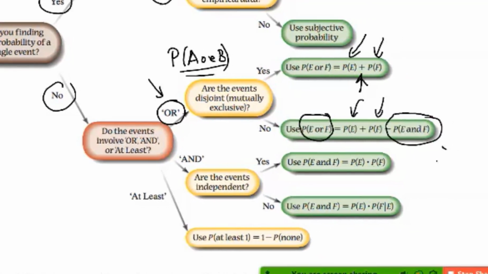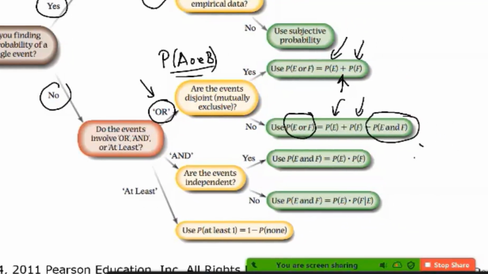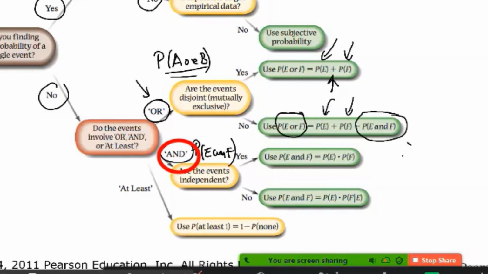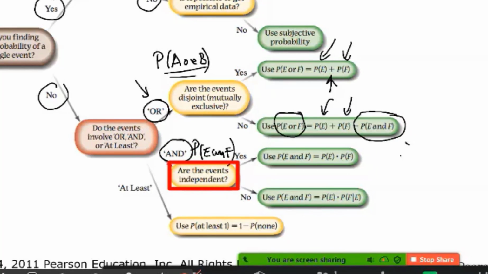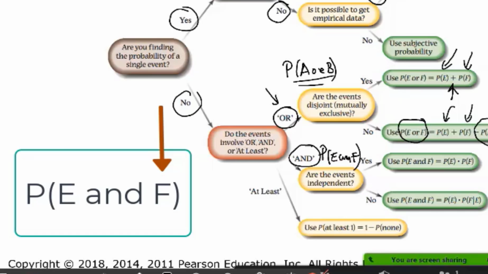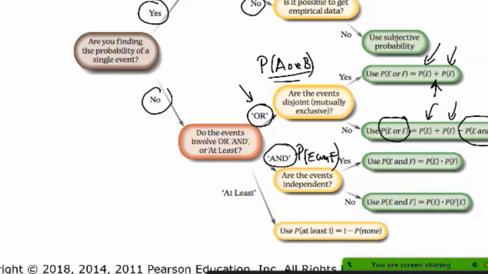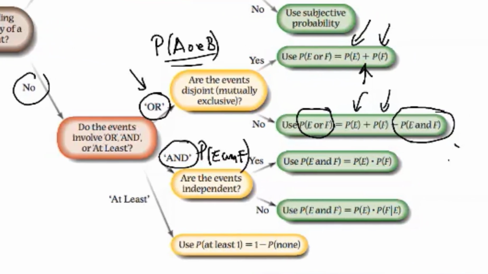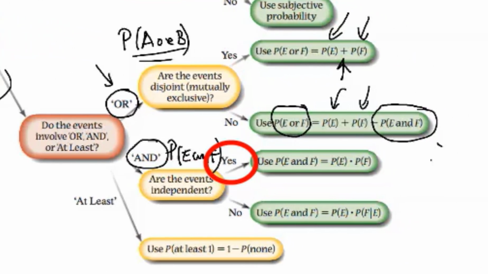If your compound events are joined by the word and, then you need to ask an important question: are the events independent? What is the meaning of independent? If this event is affected by the first one, then they are dependent. If it's not affected, then they are independent.